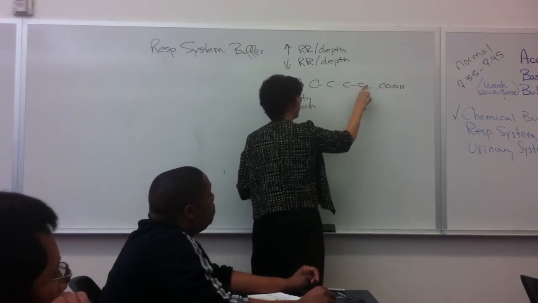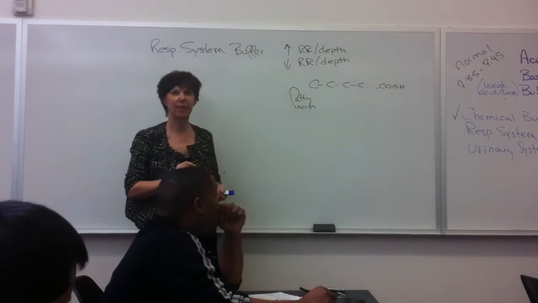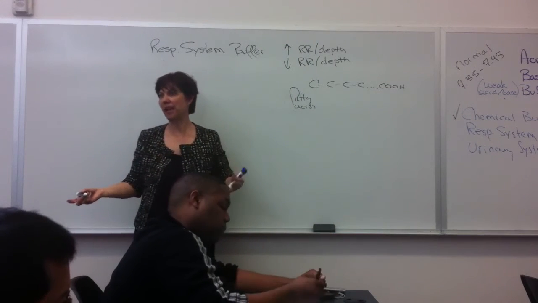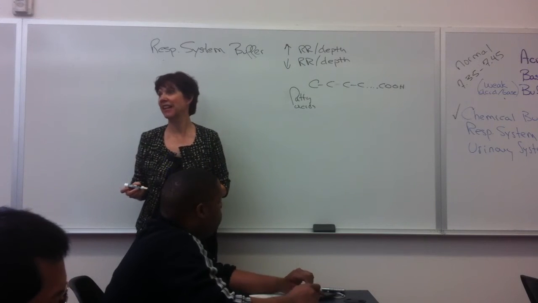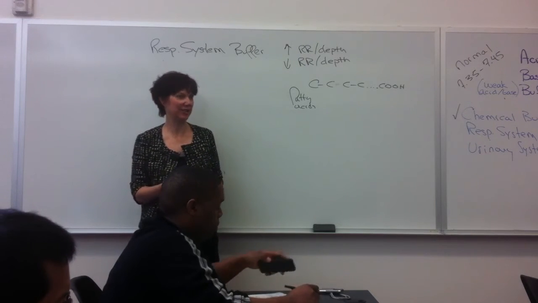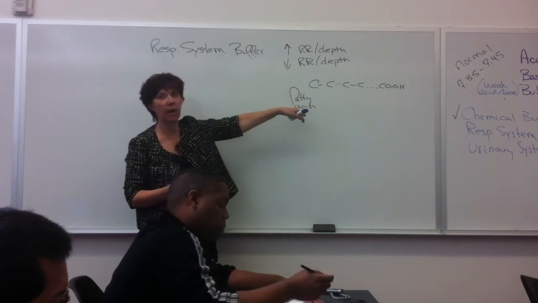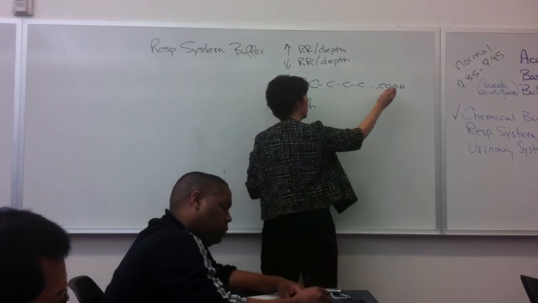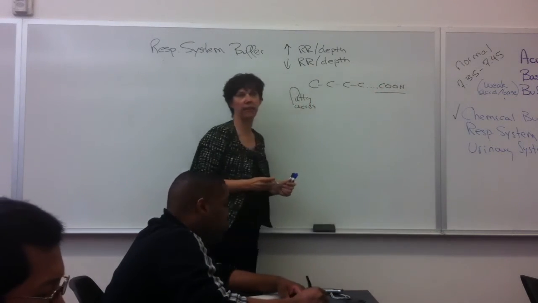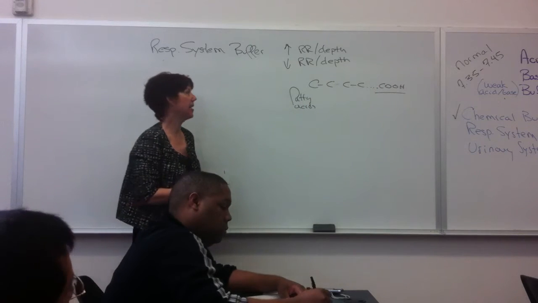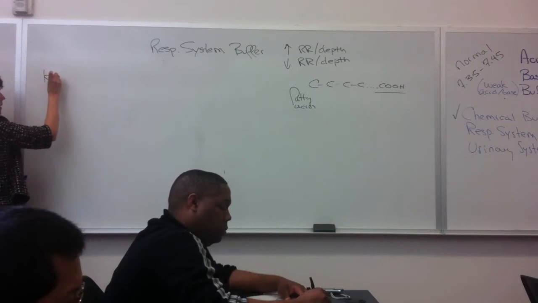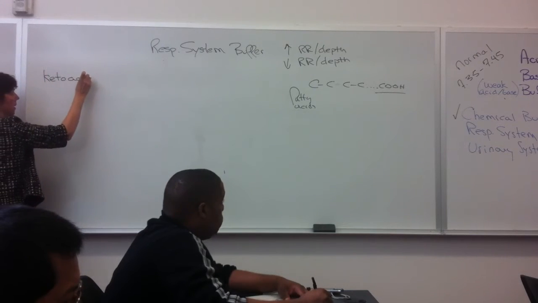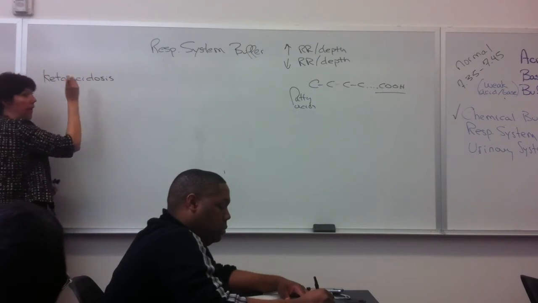And they break them down into 2 carbon groups. If you've had micro, you've probably talked about beta oxidation. If you haven't, we'll do it in a couple weeks, in our last lecture. And so one of the byproducts of this is an increase in the fatty acids. And so that condition is known as ketoacidosis.